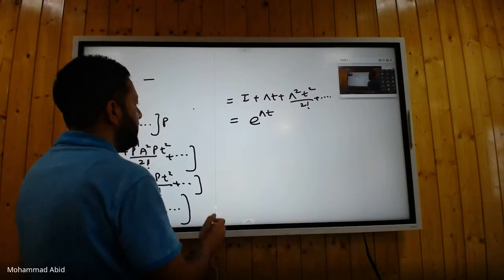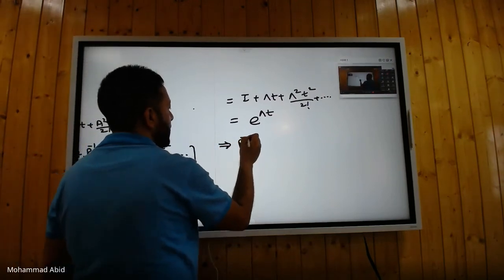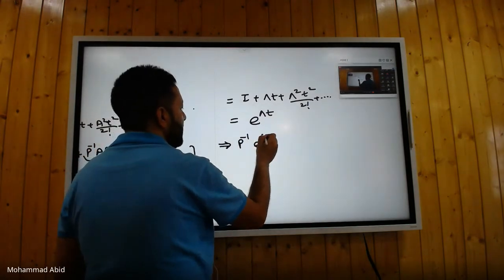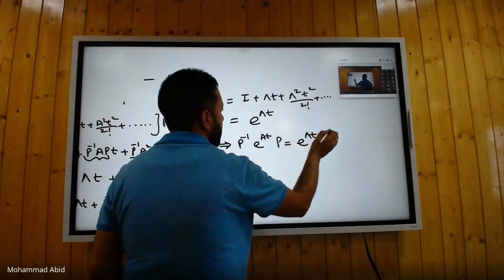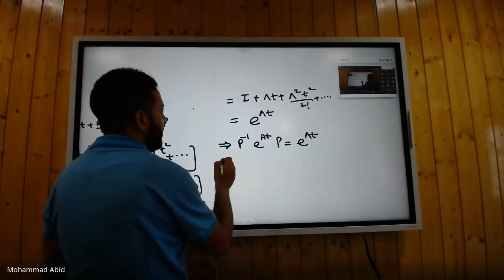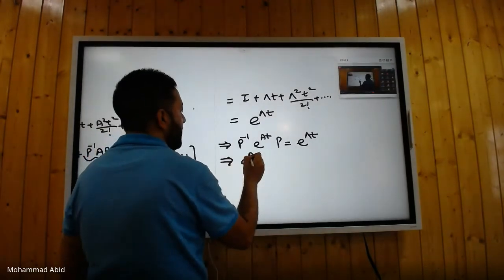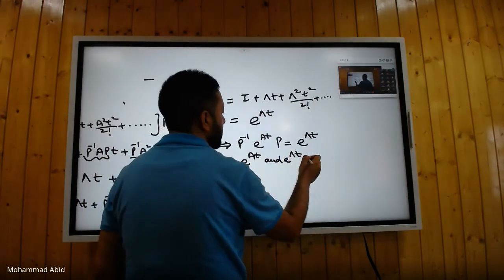So what we have proved is that P inverse of e to the power AT into P, that is e to the power lambda T. Is that okay? And which in turn implies that e to the power AT and e to the power lambda T are similar matrices.